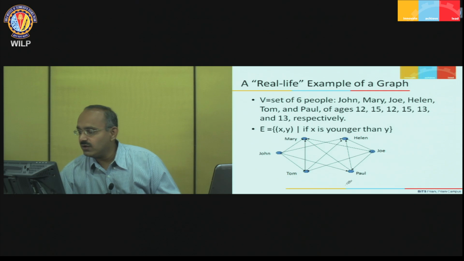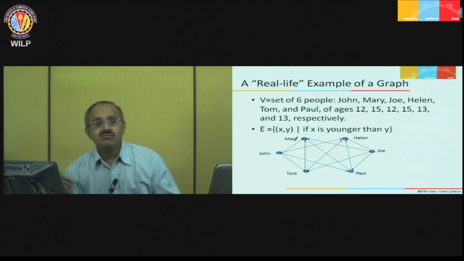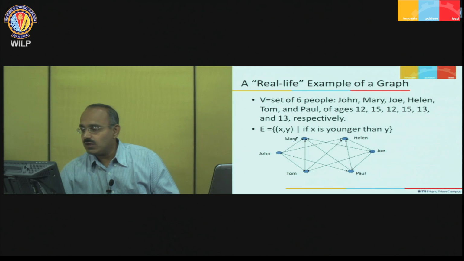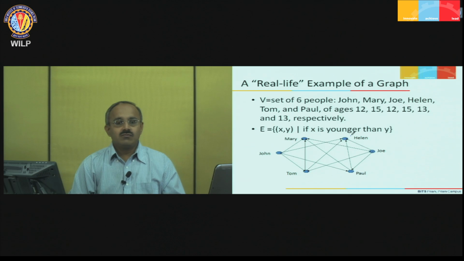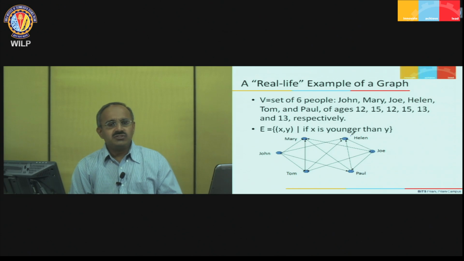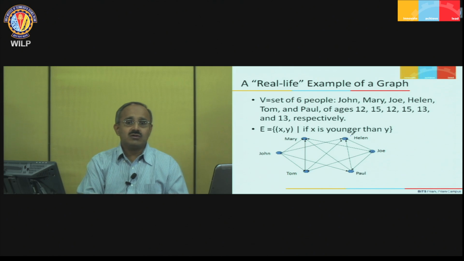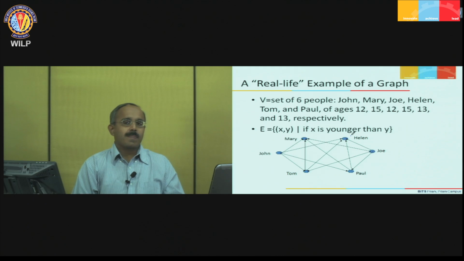So, we have here, as you see, an edge which is directed, or an edge with an arrow towards Mary, or we have an edge from John to Helen with an arrow. Such an edge would mean John is related to Helen, but Helen is not related to John, because the relationship by which they are related is not a symmetric relation.